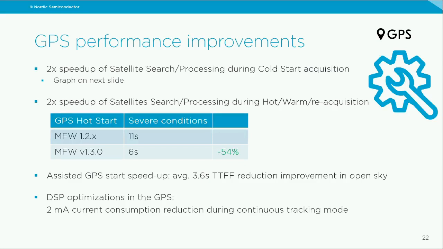For example, GPS hot start in modem firmware 1.2.x versus modem firmware 1.3.0, you can see in severe conditions we have 11 seconds for this time in the old modem firmware, but now it's around 6 seconds with the new one. And you have an improvement of around 54%.